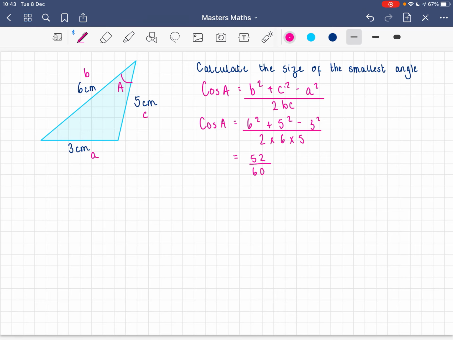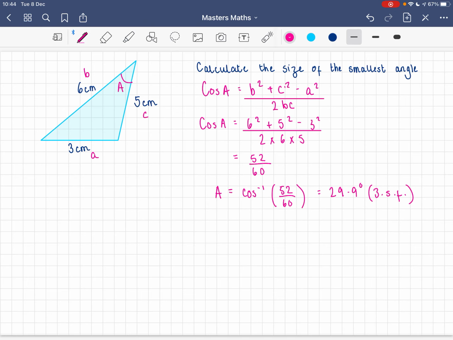I'm going to leave it as a fraction because it's not going to give me a particularly nice decimal. It's a long recurring one, so I'm going to just leave it as a fraction. Remember that we are finding A, not cos A, so we need to do cos minus 1 of 52 over 60, which is equal to 29.9 to 3 significant figures. That's degrees because it's an angle.